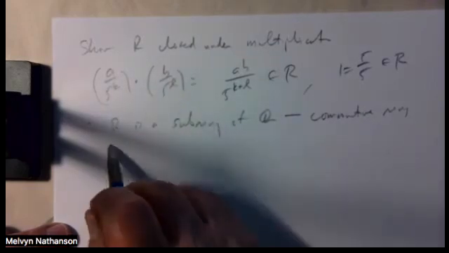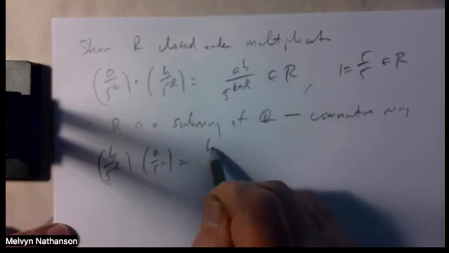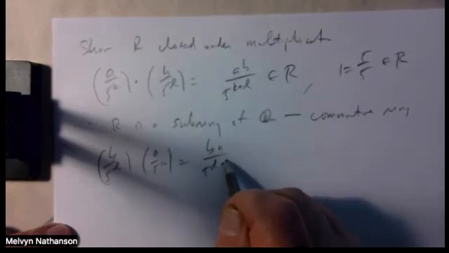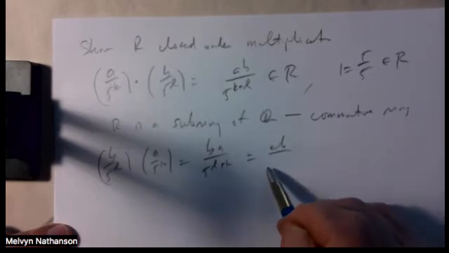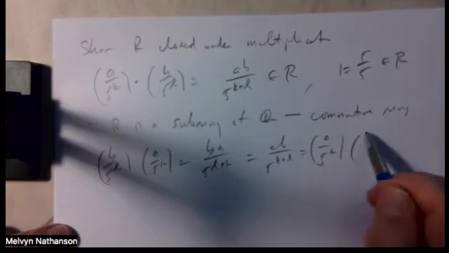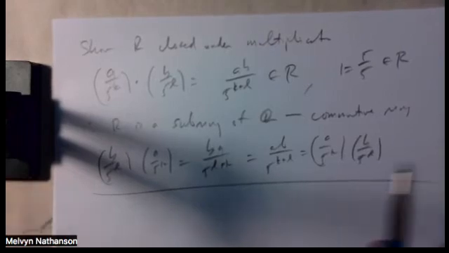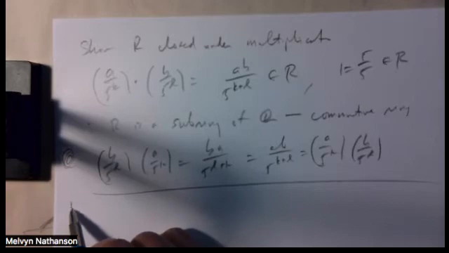If I multiplied in the opposite order, I would get ba over 5 to the l plus k, which is the same as ab over 5 to the k plus l. But I don't even have to write this down because the real numbers and the rational numbers are commutative rings. So that proves A. R is a commutative ring.